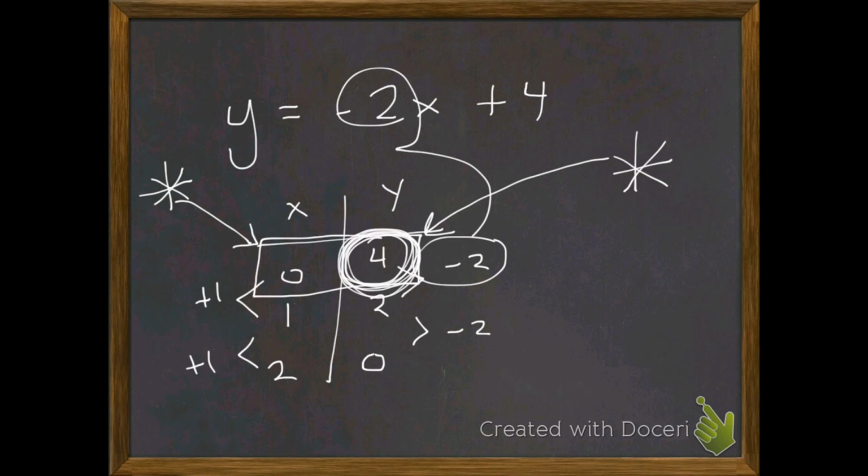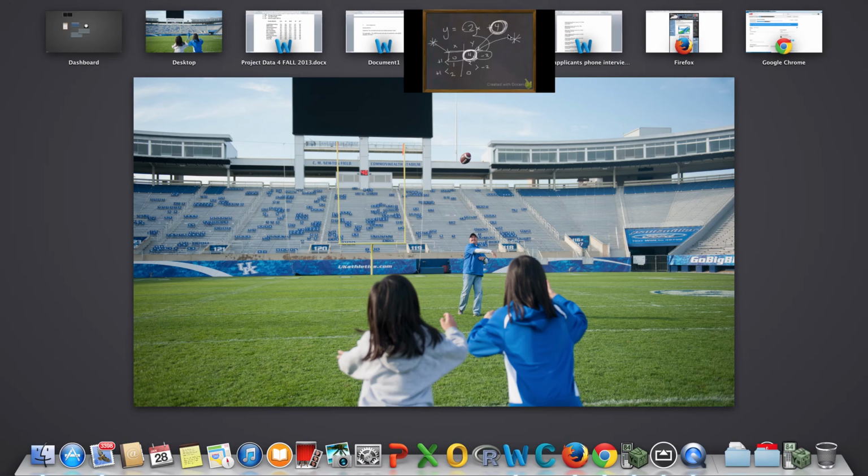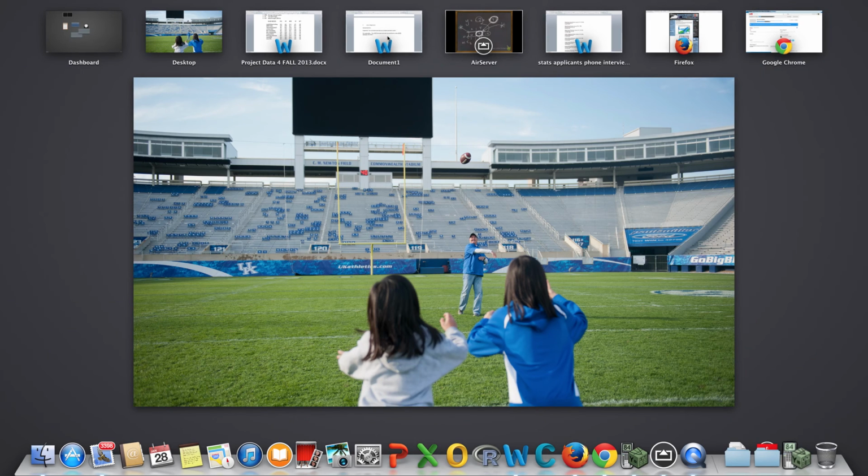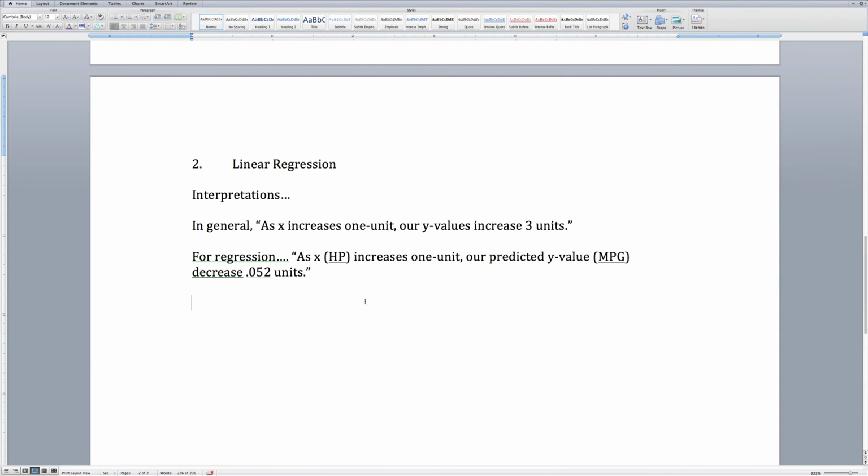It's by no coincidence that this 4 and that 4 are the same number. The reason? Because it's exactly the definition of an intercept. So again, right here we can say that when x is equal to 0, our y value is equal to 4.